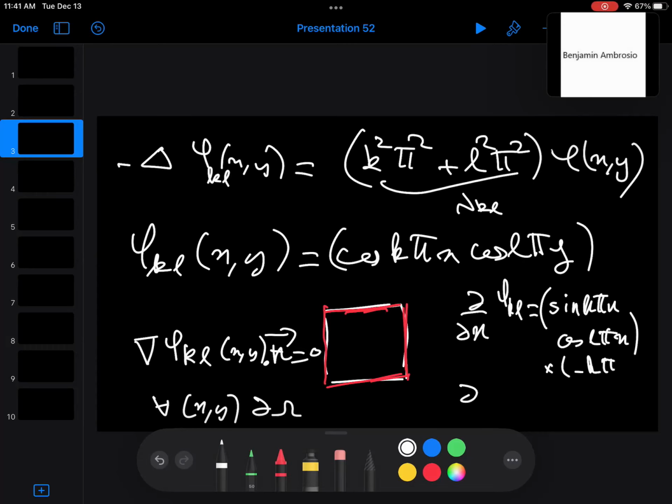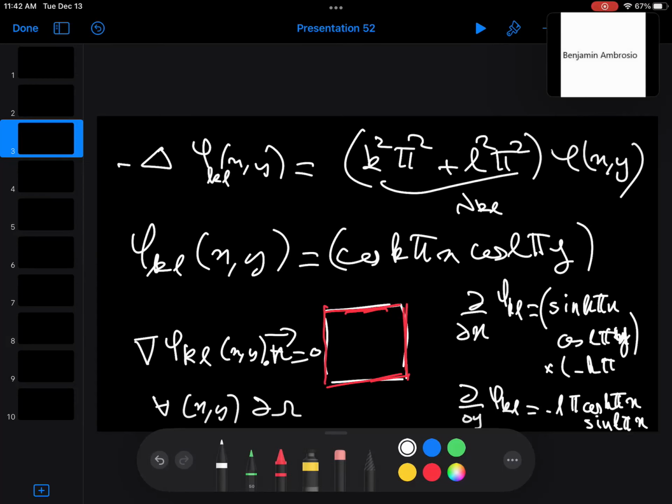If I take the derivative with respect to y, it will be the same kind of stuff, but L pi cos k pi x sine L pi y. So what happens when I take the scalar product with the normal?